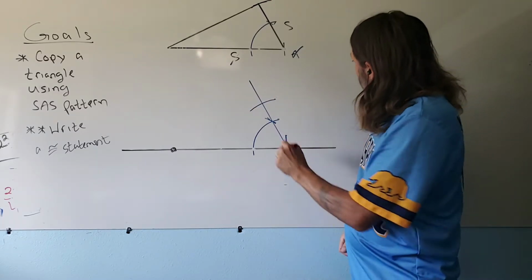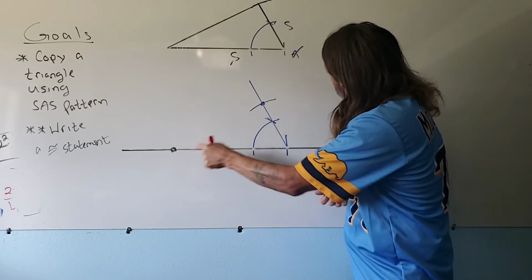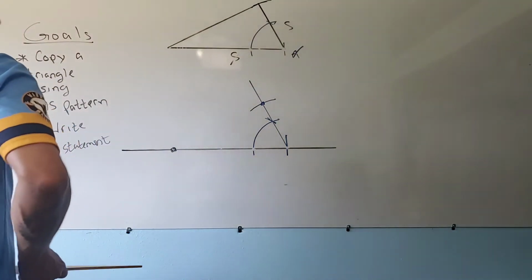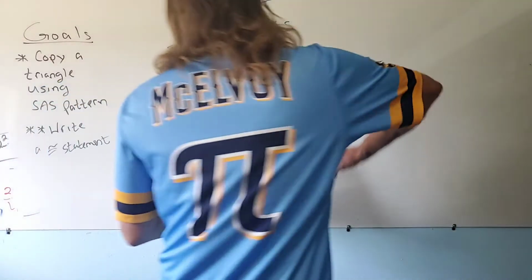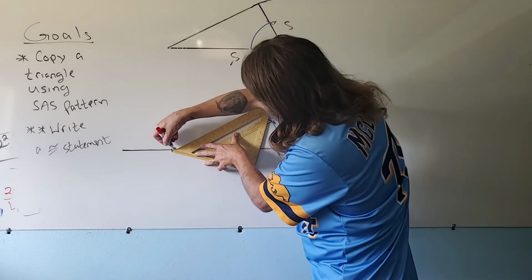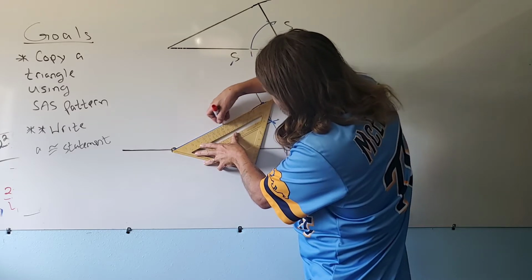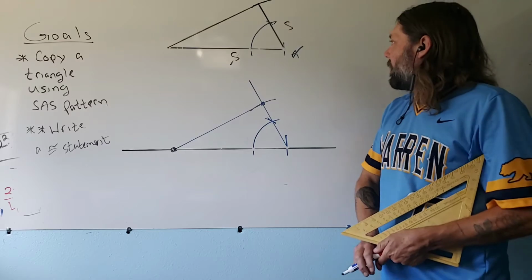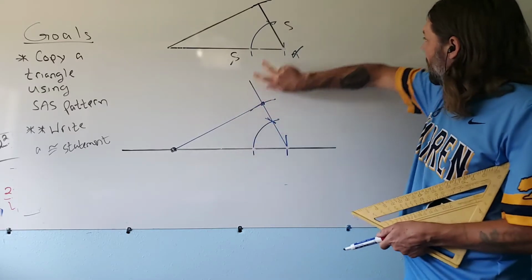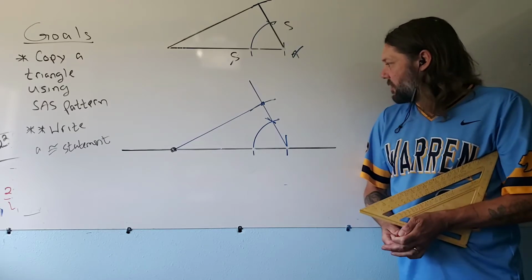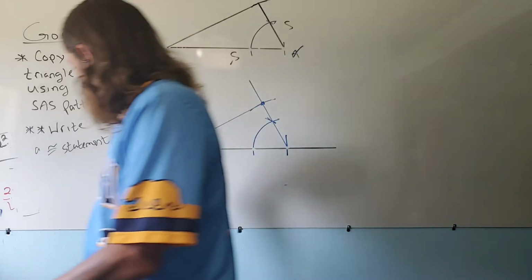Okay, so now to finish building this triangle, I literally just connect this dot to this dot. I have a little shorter ruler now, a little easier to line up. So again, I copied a side, an angle, and another side, and I'll erase some of the marks so you can see that these triangles are actually the same.